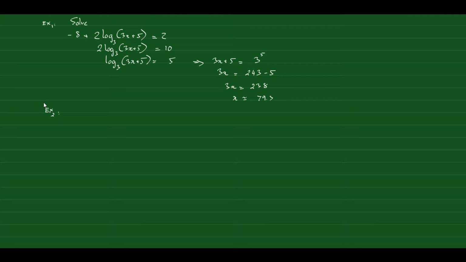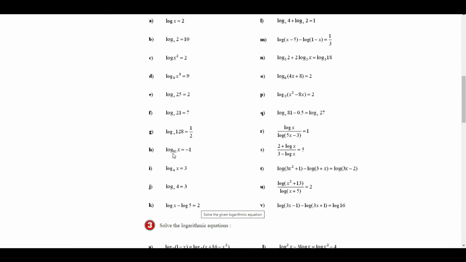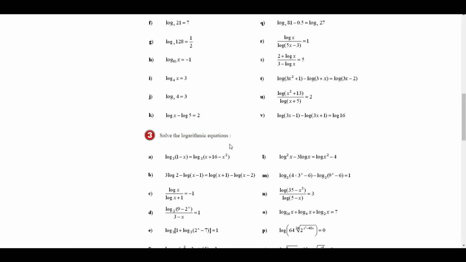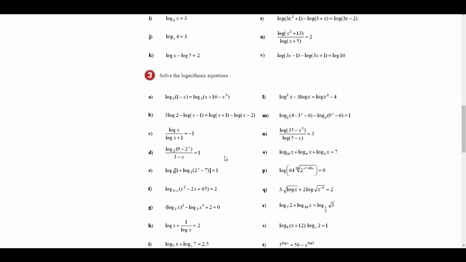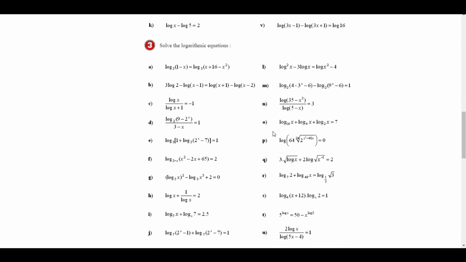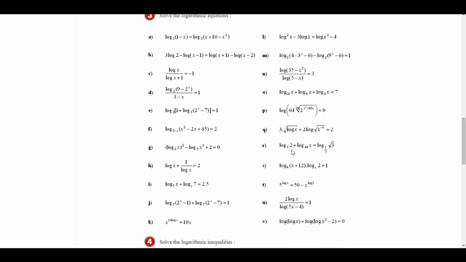Alright, how about this? What if I have, let me see, I can use something over here. How about if we use something here? How about this one? Kind of a crazy one right here. But let's see if we can do this or not.